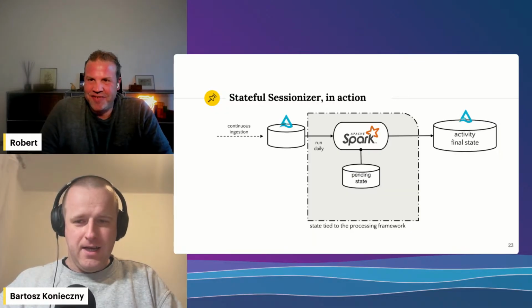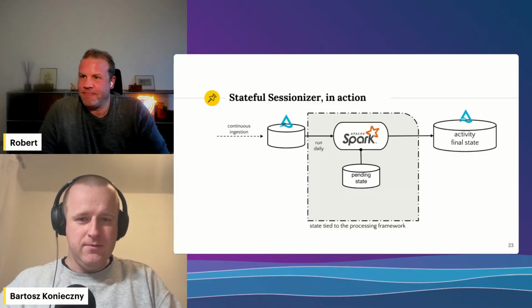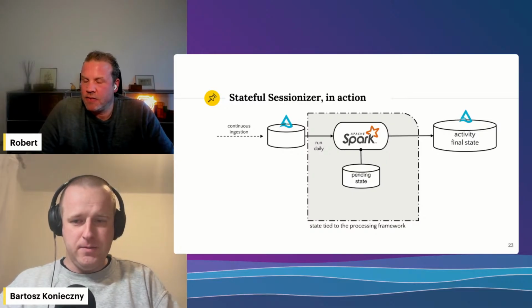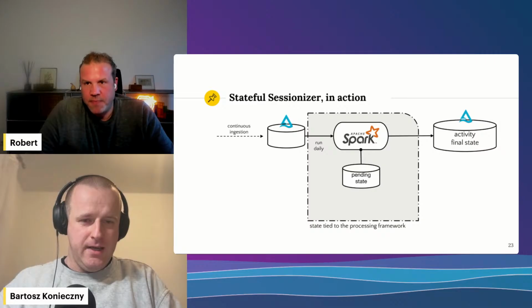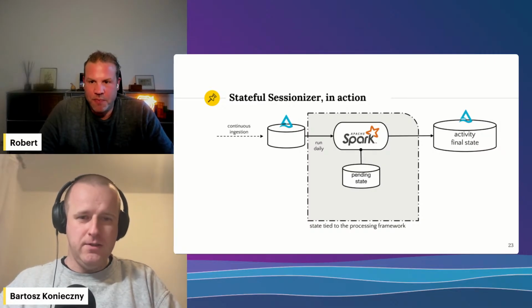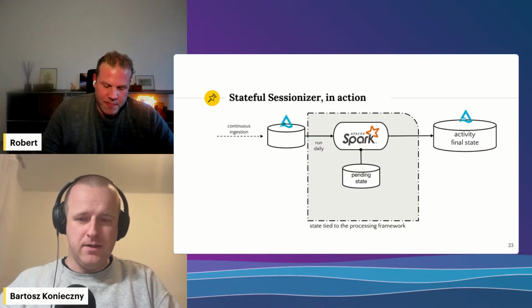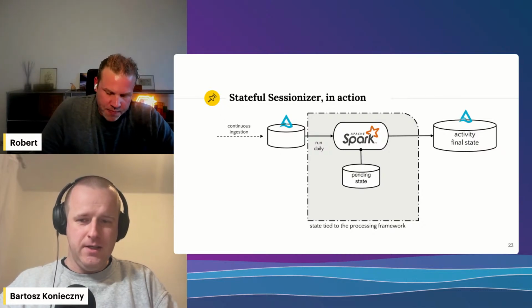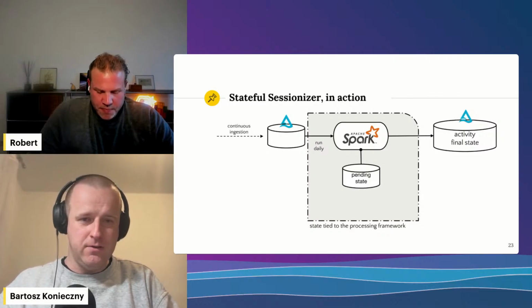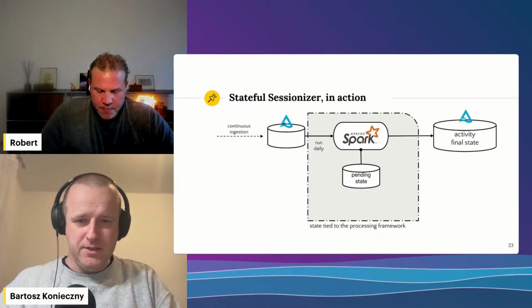And an alternative approach is the stateful sessionizer, where the state is fully managed by Apache Spark in this case, and stored locally in memory. So it's checkpointed, of course, for fault tolerance, but Spark has faster access to it. It doesn't need to do any network request to reach objects from S3 or from blob storage.